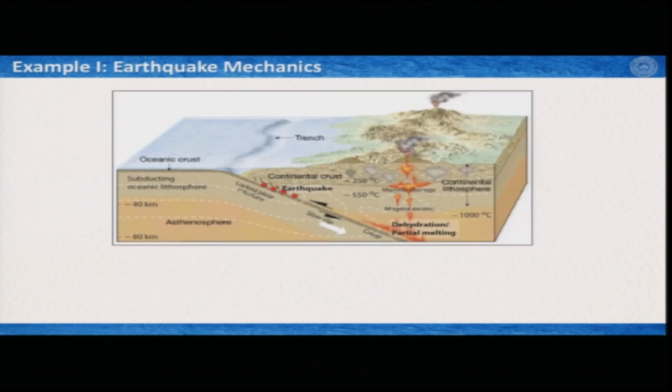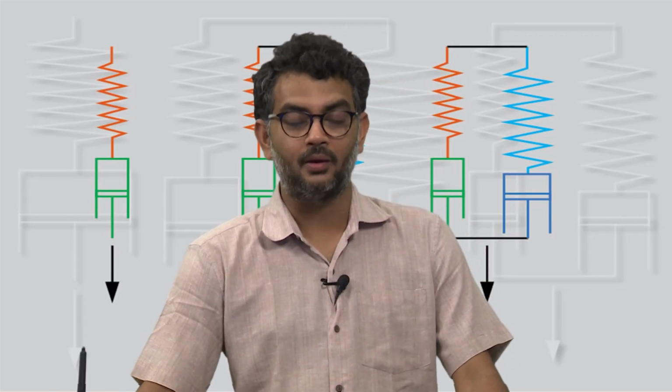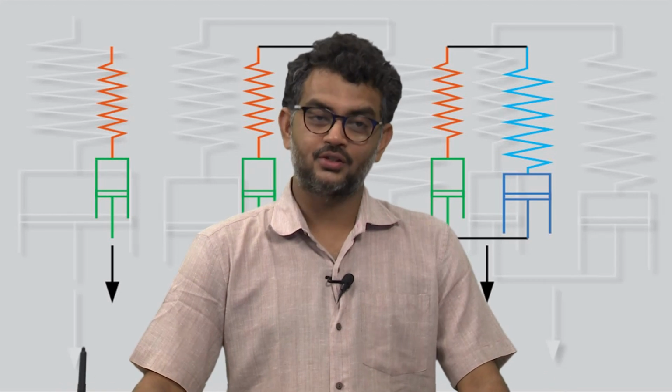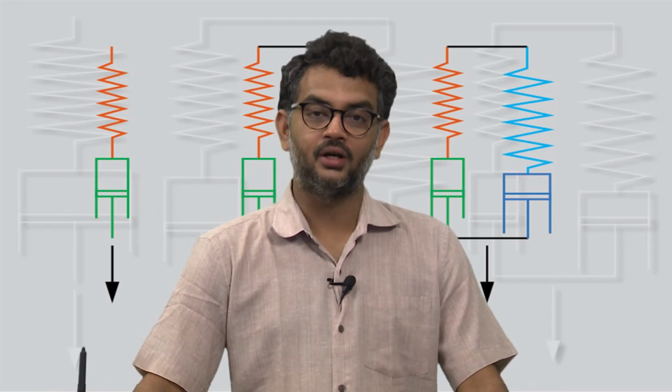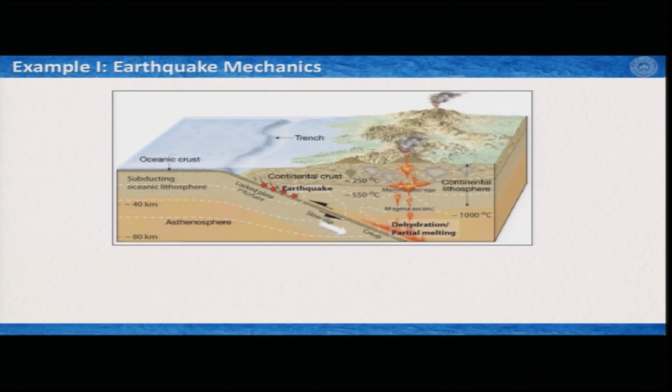Now, we will see 3 examples of where and how in large scale processes we apply this complex or combined rheology. The first one we take over is earthquake mechanics. Now, we know how earthquakes do happen, right, that most of the earthquakes do happen along plate boundaries, or to be very specific in the convergent plate boundaries, where oceanic plate goes down below the continental plate.